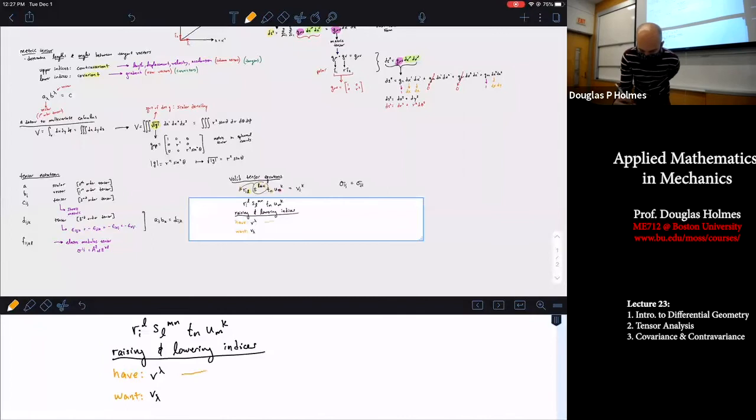You take the contravariant components of your vector v, and you multiply them by the covariant metric tensor, g_{μλ}.